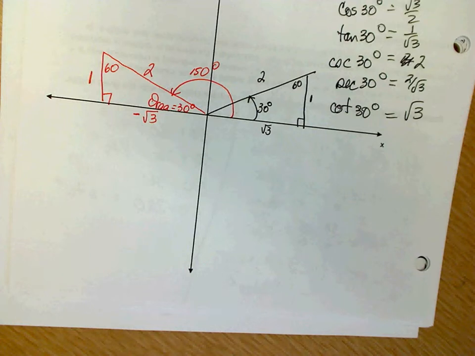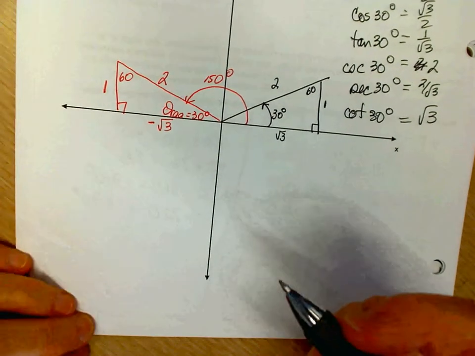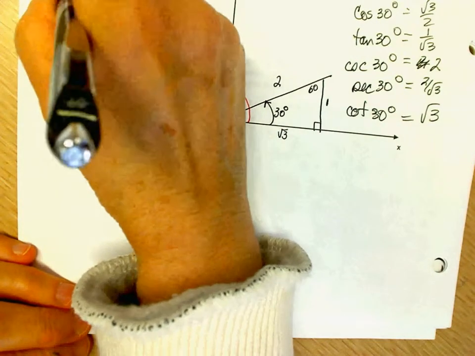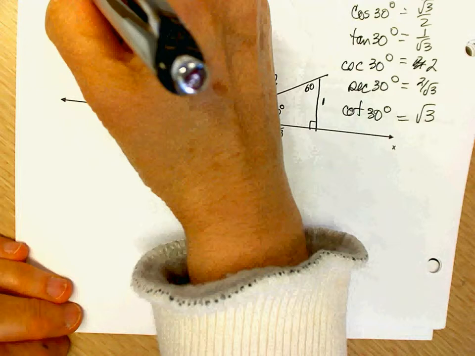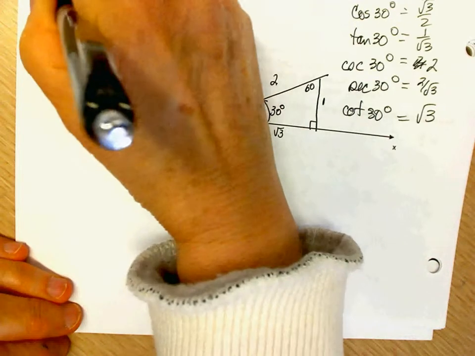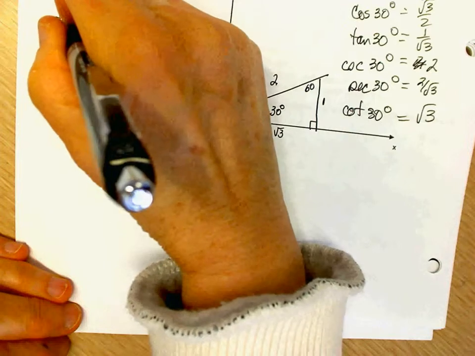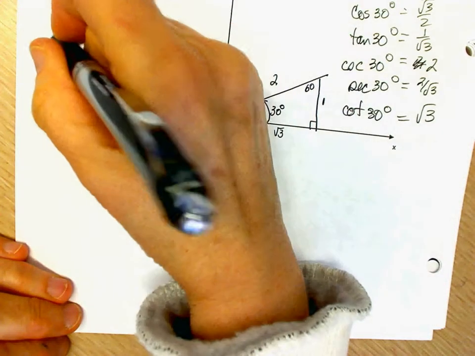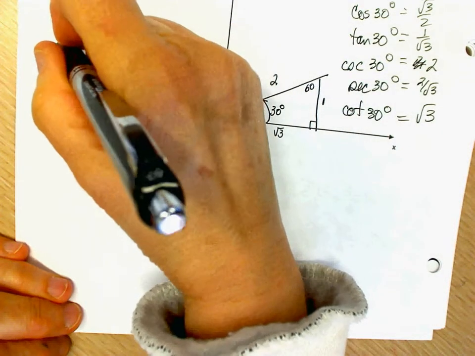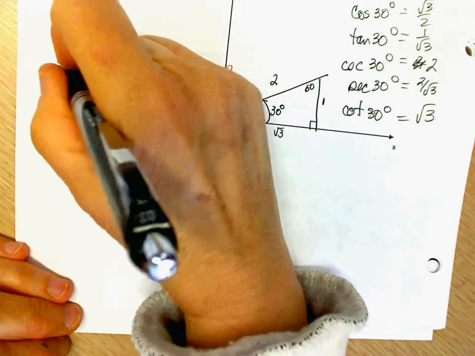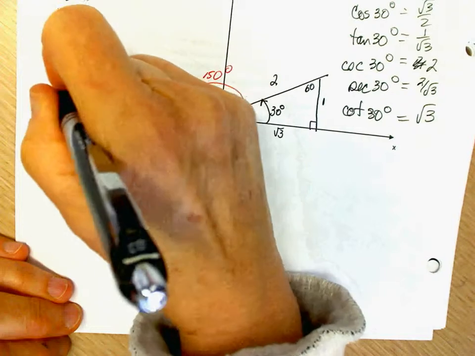So what we're going to do is all the trig ratios: sine 150, cos 150, tan 150, cosecant 150, secant 150, cotangent 150.